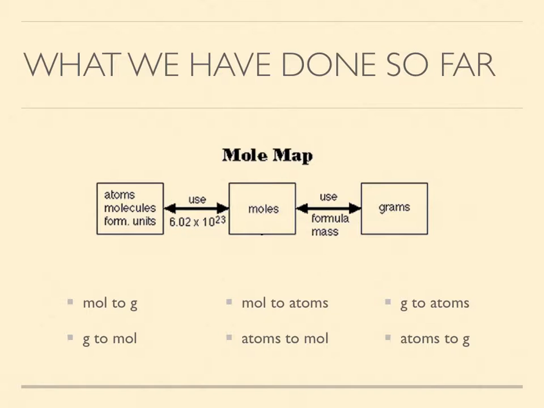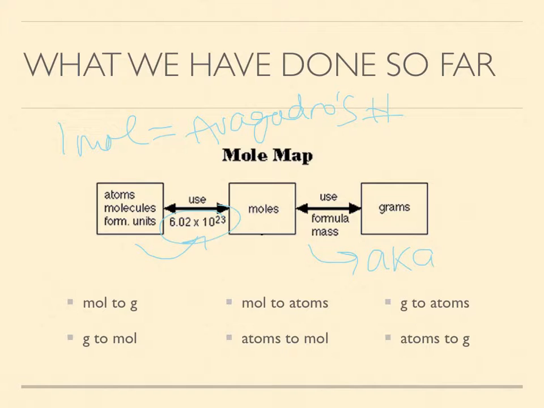So you guys hopefully can remember that when you're converting between atoms and moles, you are going to use Avogadro's number, because 1 mole of any substance is equal to Avogadro's number when you're talking about particles, so like atoms, molecules, formula units, etc. You also should hopefully remember that the number of grams in 1 mole of any substance is known as its molar mass or formula mass.